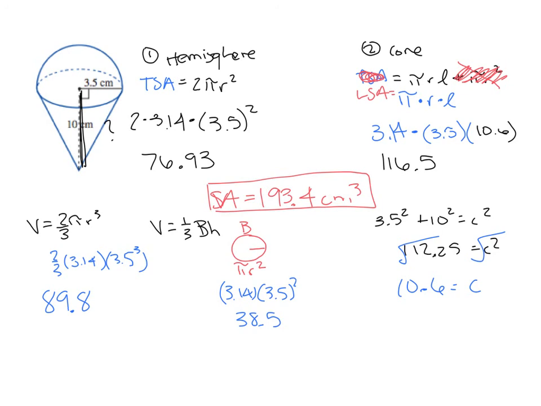So now when I plug that in, we would have 1/3 times the 38.5 times the height, which was given, which was 10. So when I multiply that, we get 128.3, and all we have to do is add those together, and our final answer is, again, 218.1 centimeters cubed for the volume.